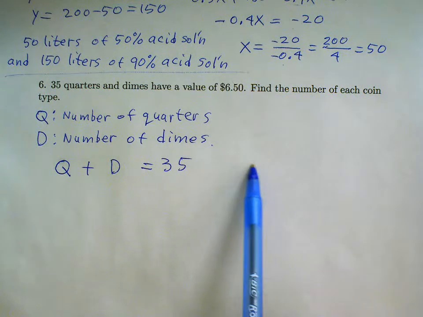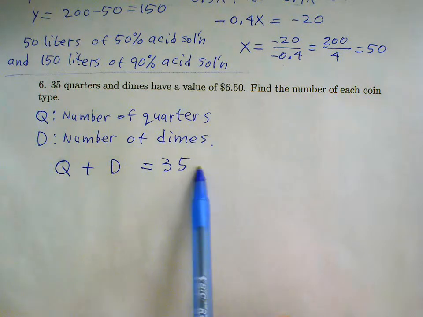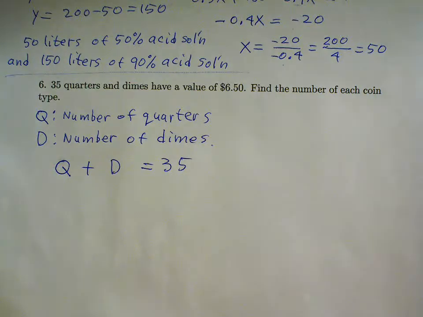So none of the terms in this equation represent a monetary value. In the next equation, every term does represent a monetary value. So what's the second equation?